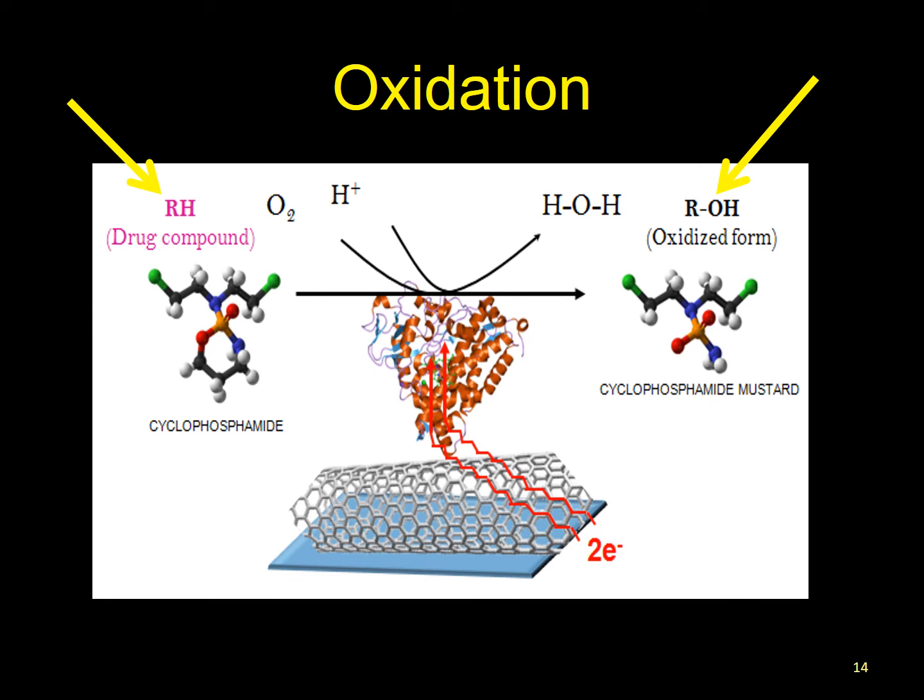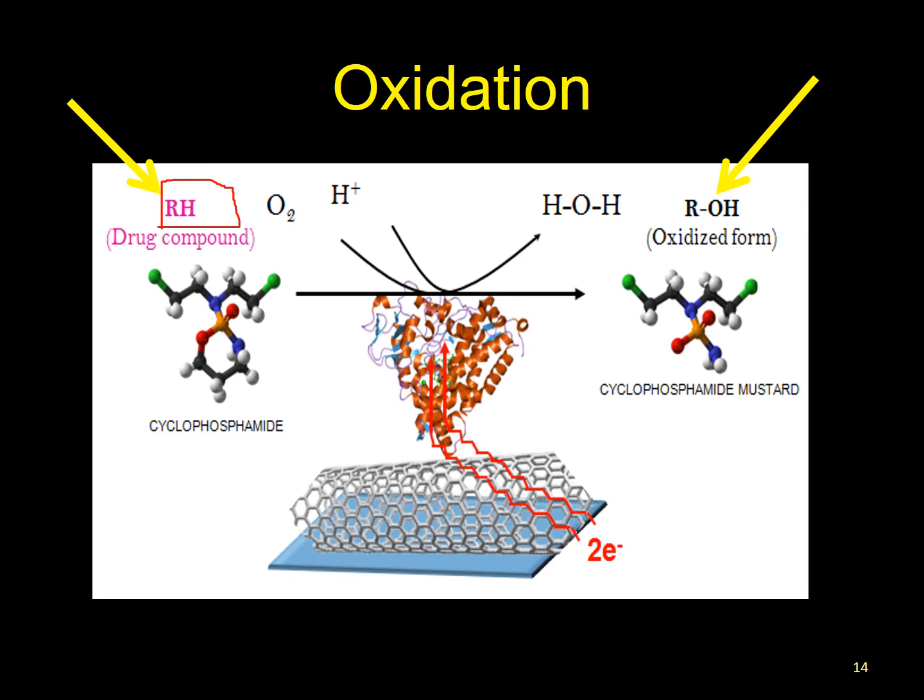So we can totally change the properties of a thing by just changing one bond or one piece of the chemical structure. So I said the first mechanism of metabolism is oxidation. Here you see yellow arrows showing us what's going on. This is just a very generic representation. RH is a very generic drug compound.